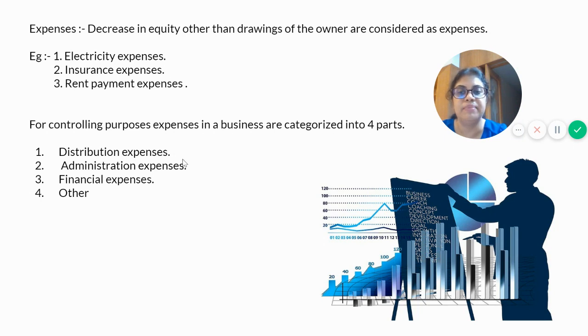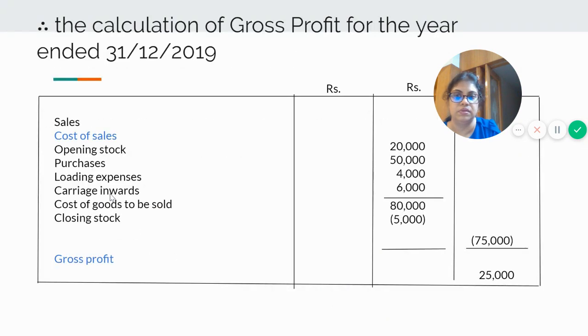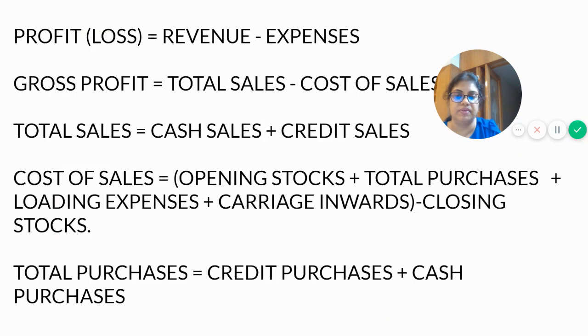So they also can be considered as expenses, and they will be treated under the heading of other expenses. So like that, the expenses come under 4 categories when you are preparing the financial statement, especially the profit or loss statement.